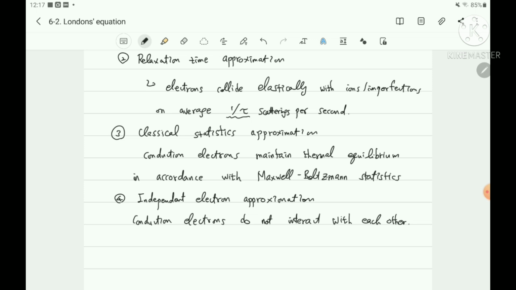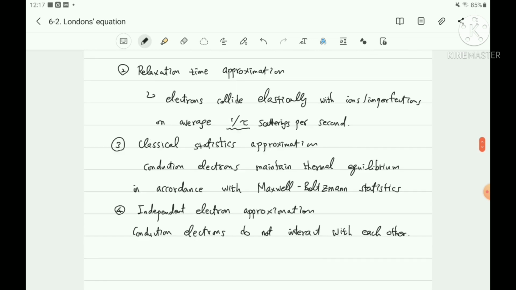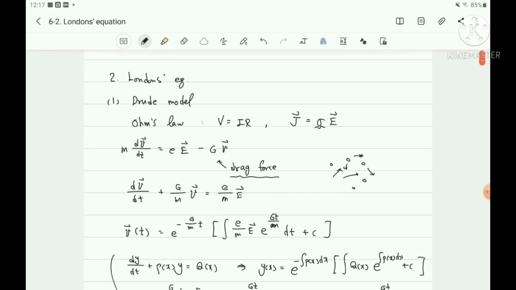But the London equation is very simple. Debating the Drude model, the drag force is the reason for the generation of finite electrical resistance. In the superconducting case, it is a perfect conductor, meaning zero resistance.